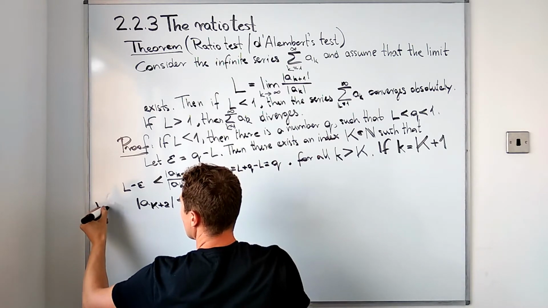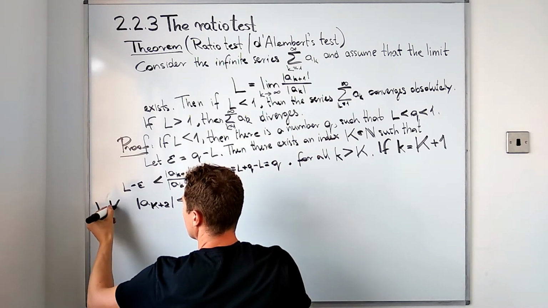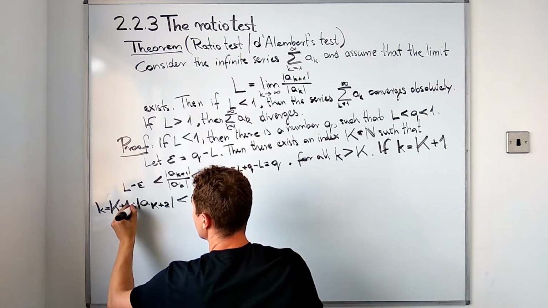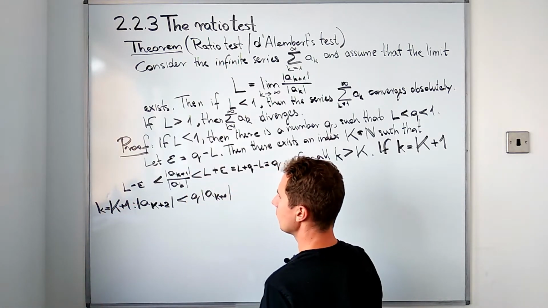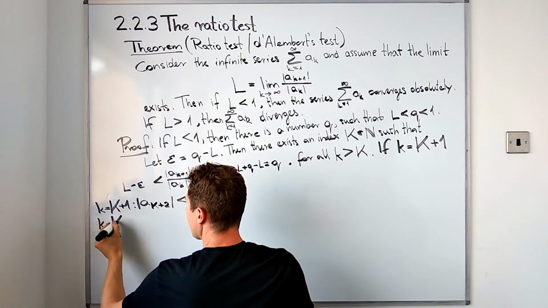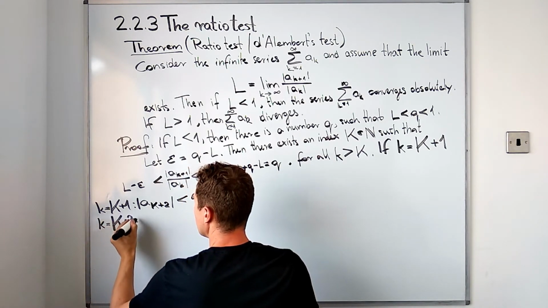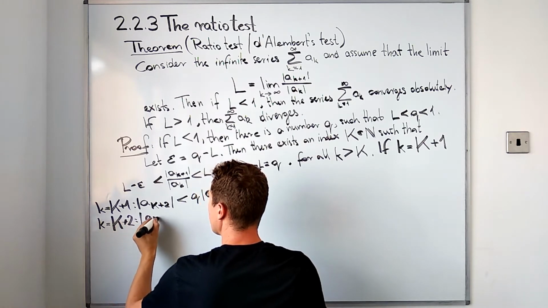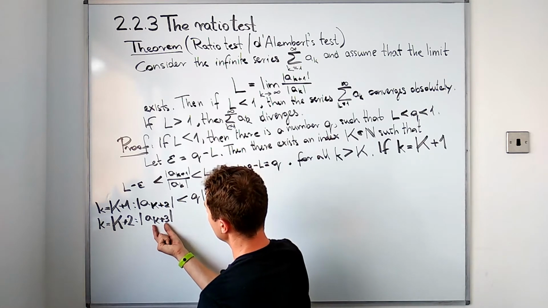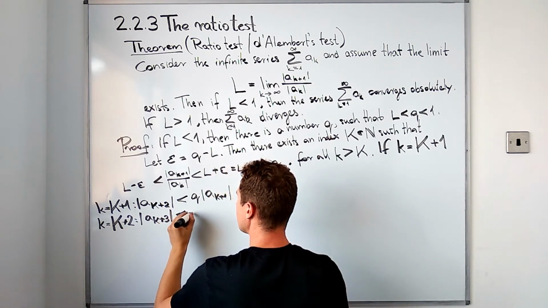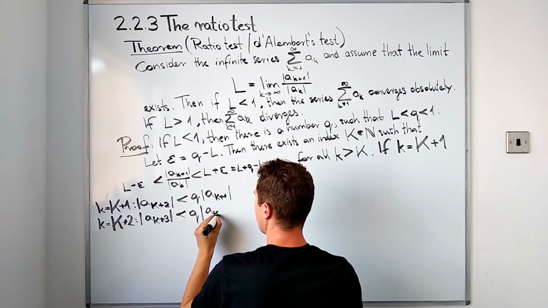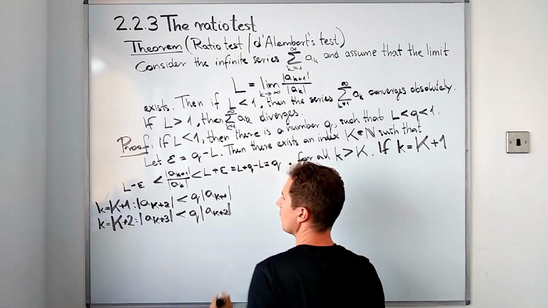So let me just repeat here that this is the special choice for little k. What's going to happen if we pick the next value for little k? We take capital K plus 2. Now, quite similarly, we'll get capital K plus 3 in the index, and it will be less than Q times the absolute value of A capital K plus 2.